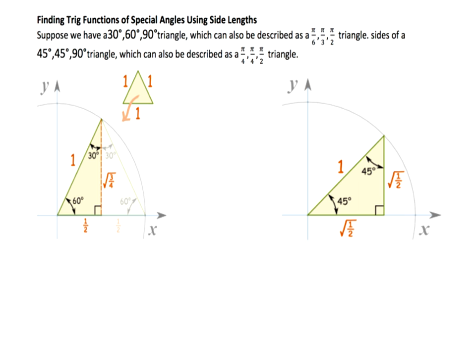Okay, so consider that both of these sketches are sketches of the unit circle, which is going to make the hypotenuse of both of these right triangles 1.